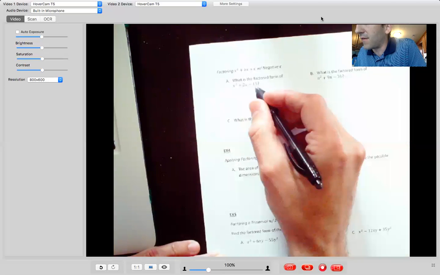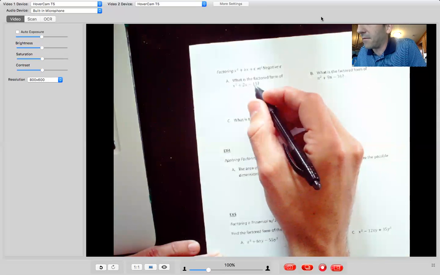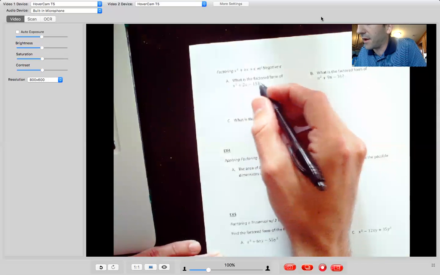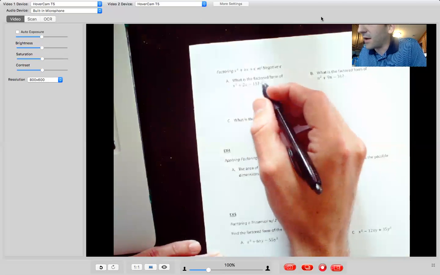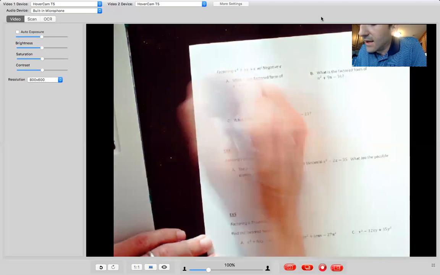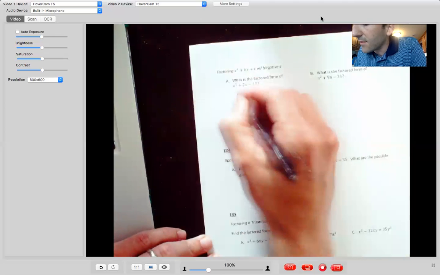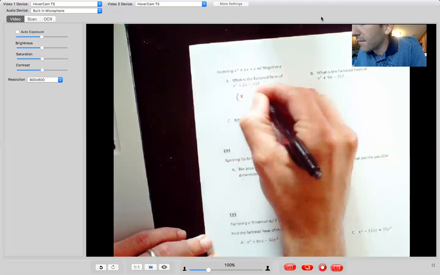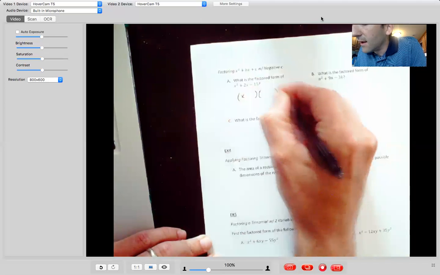So if you know you have a negative product, one's going to be a plus, one's going to be a minus. And when we add those, we're kind of thinking, how far apart are they? We're kind of thinking about a difference here. All right, so now we're looking for factors of 15. I'll go ahead and start out with my x plus or minus something times x plus or minus something.